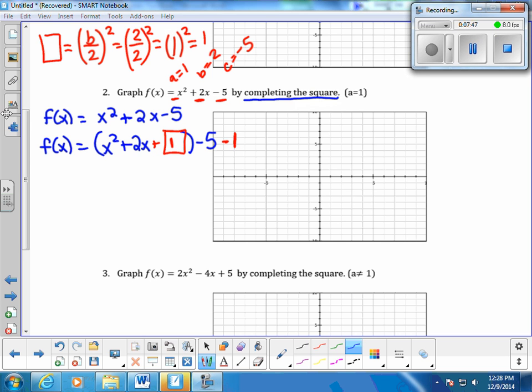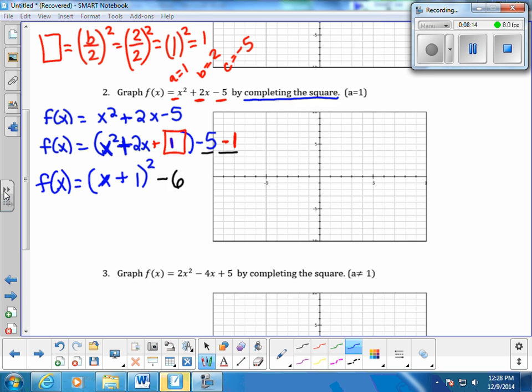Now, when we factor this, we can factor using bottoms up, or we can use our shortcut method, which is saying variable of the first, so we take x, sign of the second term, which is plus, square root of what's in our box, square root of 1 is 1, put it in parentheses and square it, and then I'm going to simplify. -5 minus 1 is going to be -6.